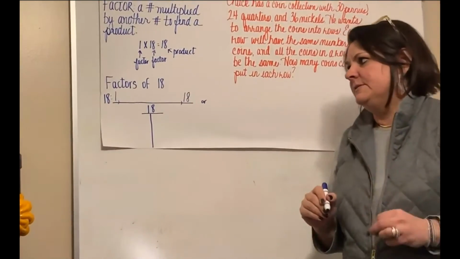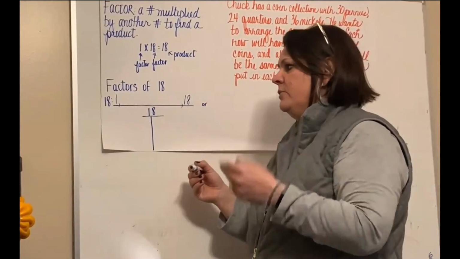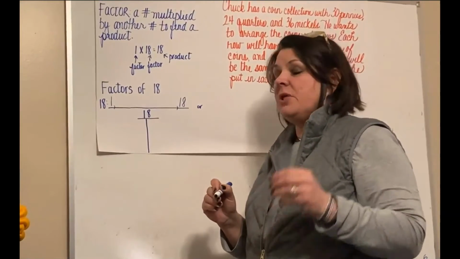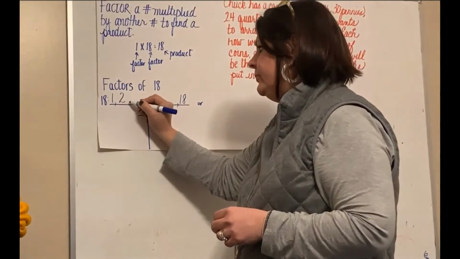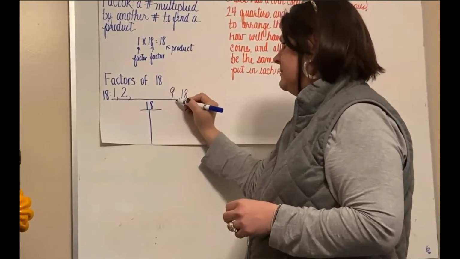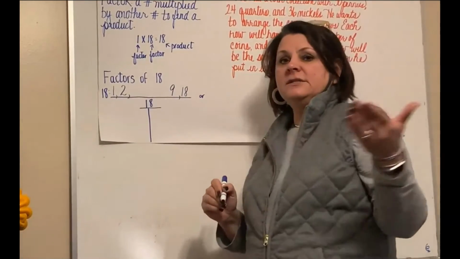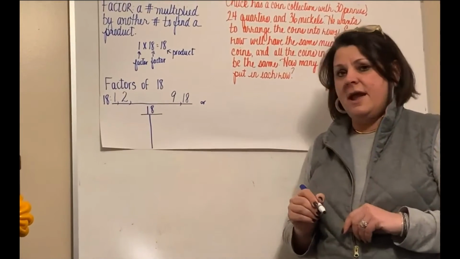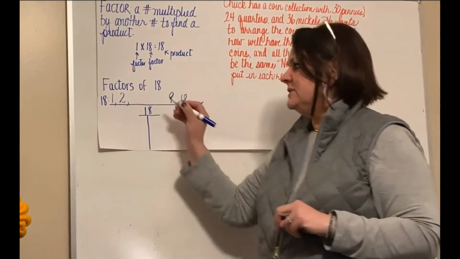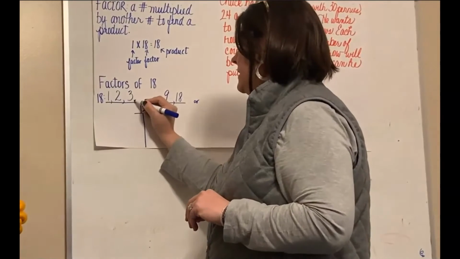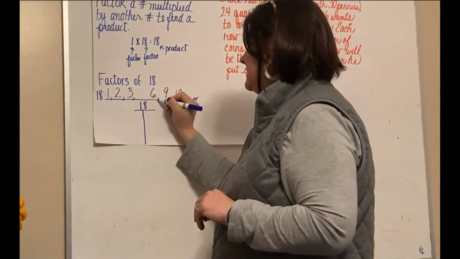Don't forget our commas. The next factor, because we go in order, is 2. Is there anything that when I multiply 2, I get 18? The answer is yes. 2 times 9 is 18. Then continuing in order, 3. Any factors that you multiply by 3 to get 18? Yes. 3 times 6 is 18.